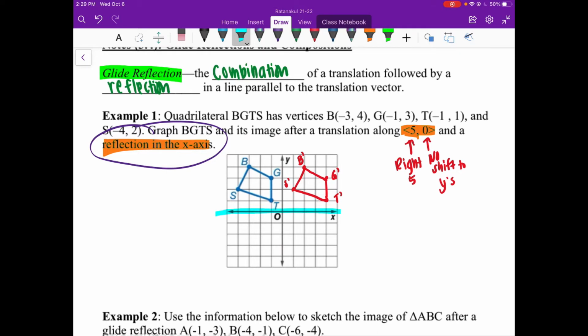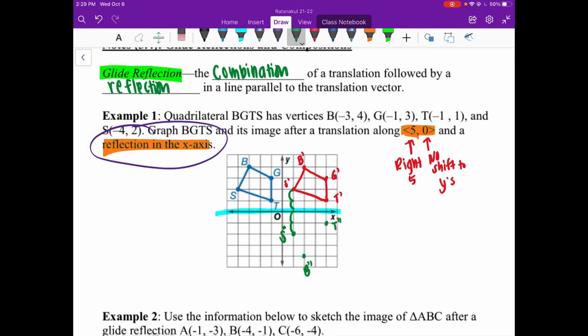Remember, your x-axis is this one that goes straight across horizontally. And when you're reflecting, you want to count how many units your current shape is away from the x-axis and then go the other direction. For example, S here is 2 away, so I'm going to go to the opposite direction. And I'm going to mark this as S double prime.